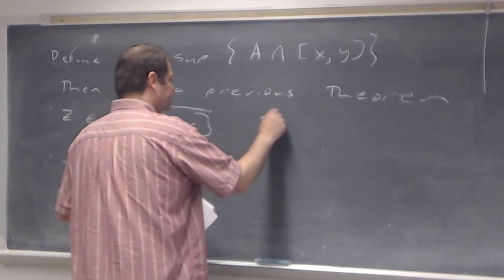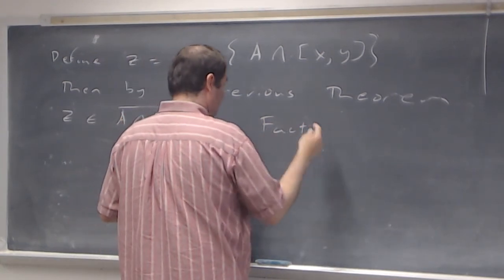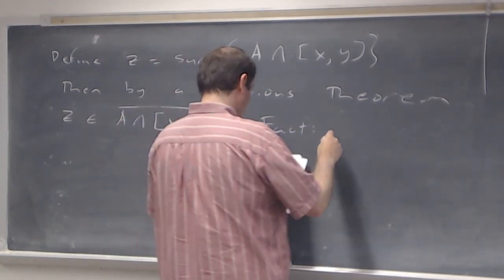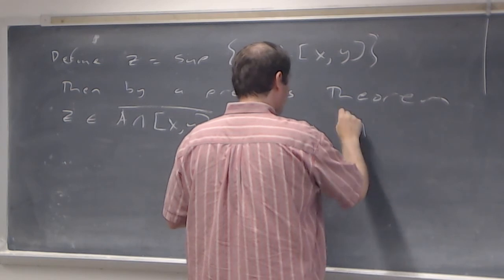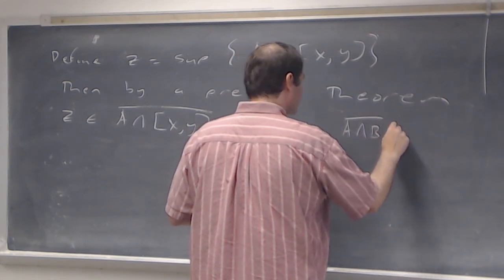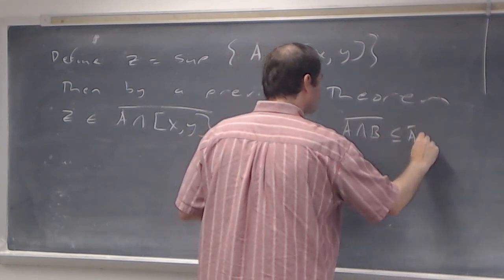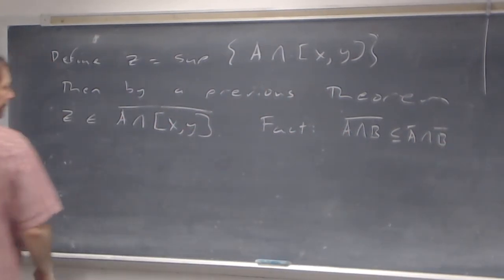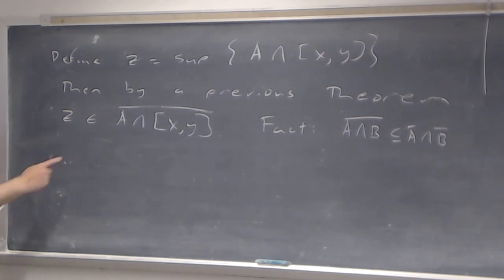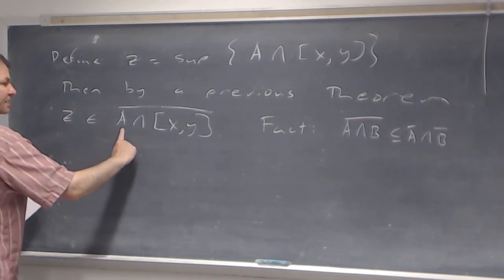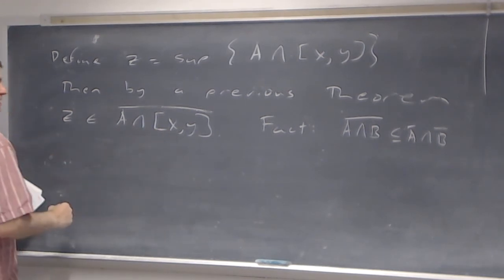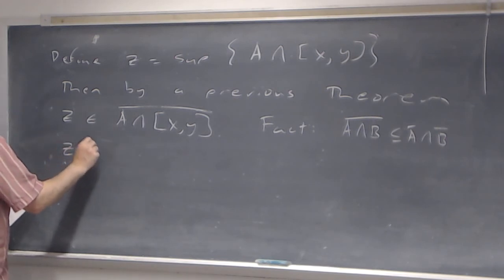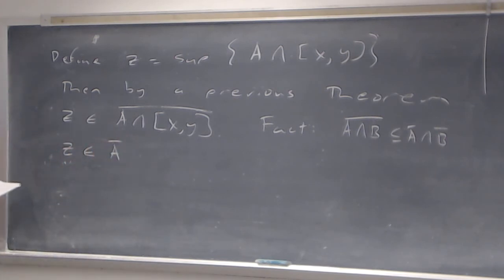As a fact, I might ask you to prove in the homework later, the closure of A intersect B is contained in the closure of A intersect the closure of B. So this means that z has to be in the closure of A.